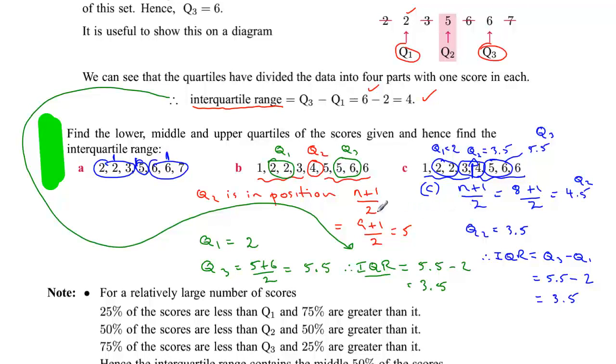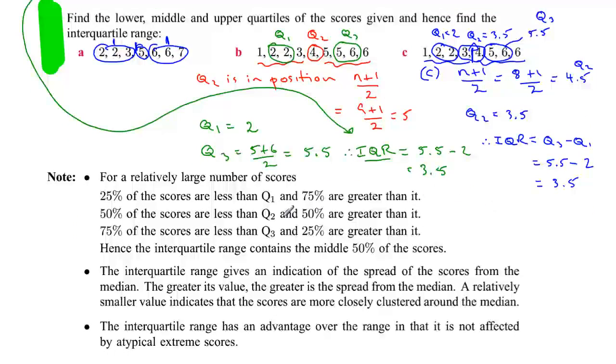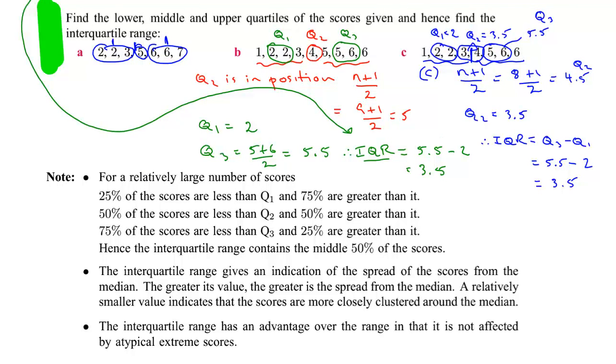So I think the main thing to remember is to know how to do the median, and then be able to separate the whole scores into 2 equal parts, and be able to find the medians of those, Q1, Q2 and Q3 altogether. Now, just one last thing on this page is to make sure you can see a few very important points. 25% of the scores are less than Q1.